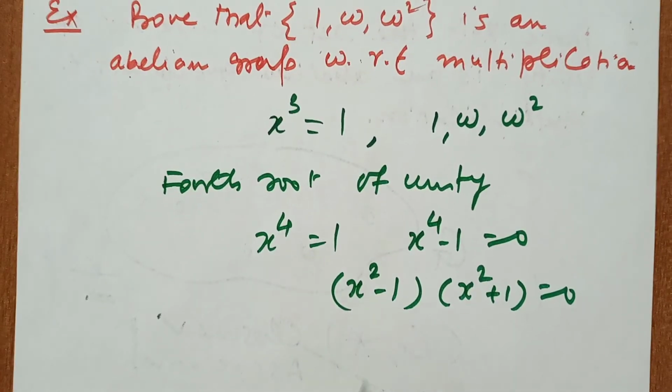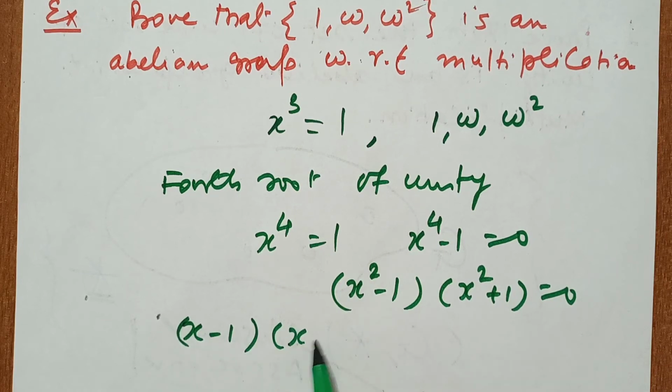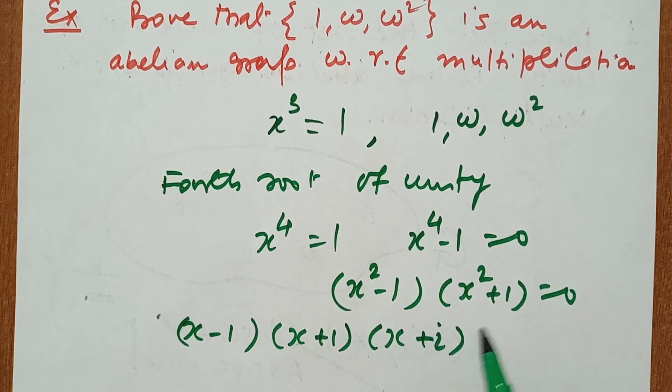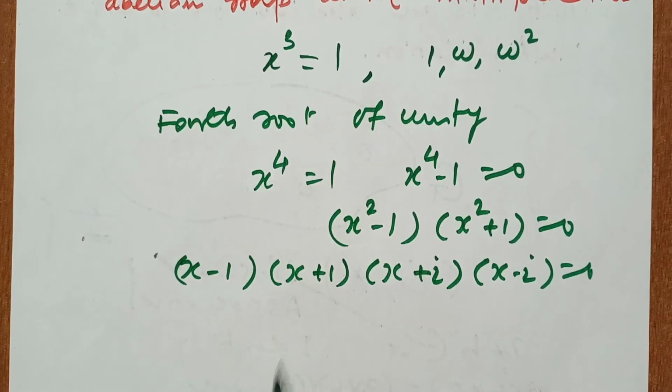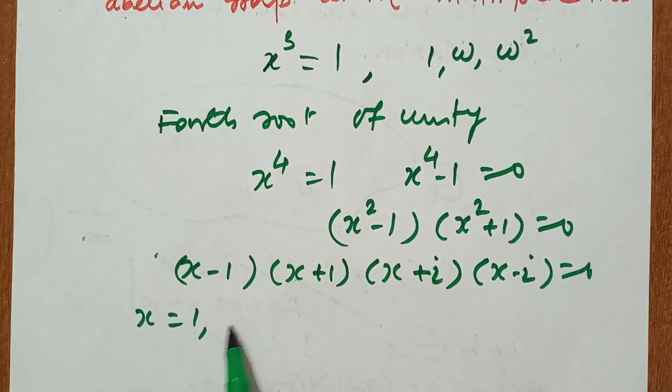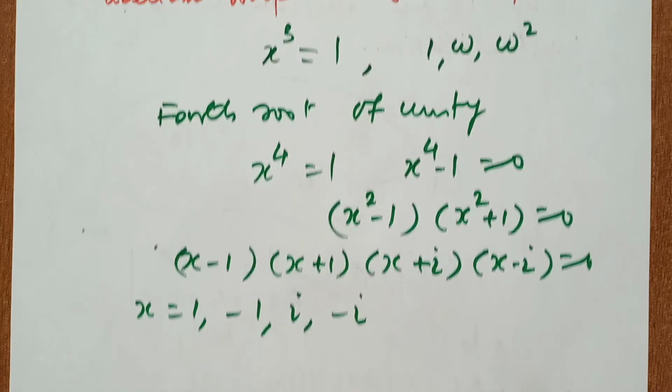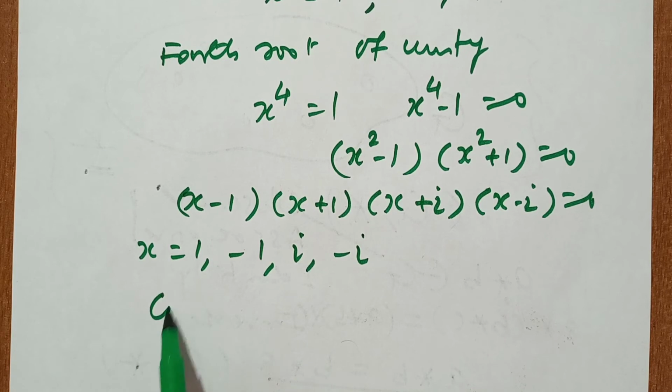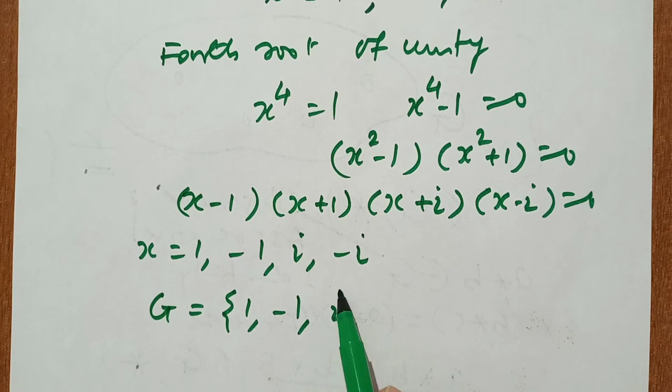So here we get (x minus 1)(x plus 1), and (x plus i)(x minus i). So there are 4 values of x, means x is equal to 1, minus 1, i, minus i.